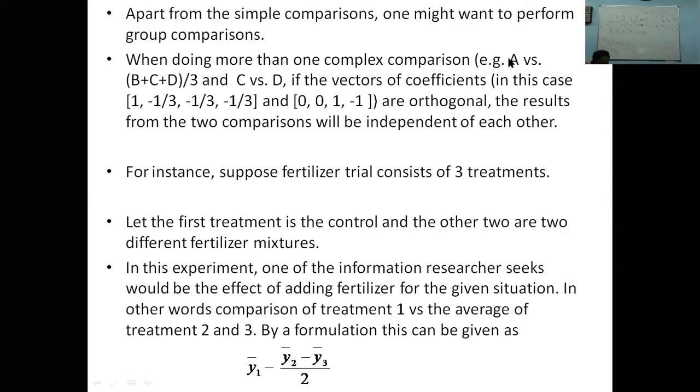Of the form defined earlier, the coefficients of the 3 treatments for the contrast are as follows. This is A for the first treatment, this is the second treatment, this is the third treatment.